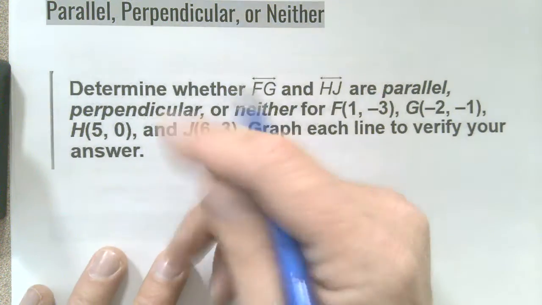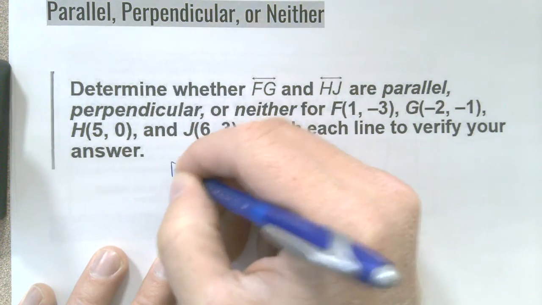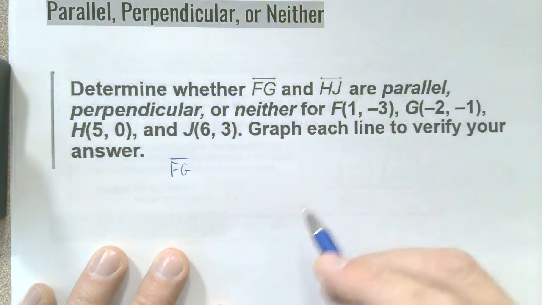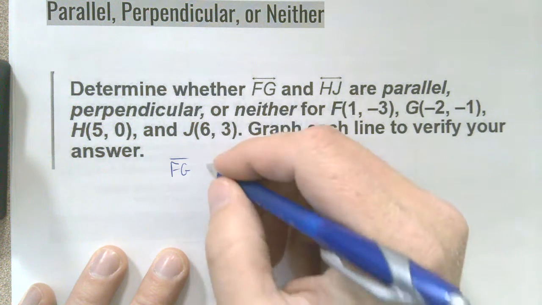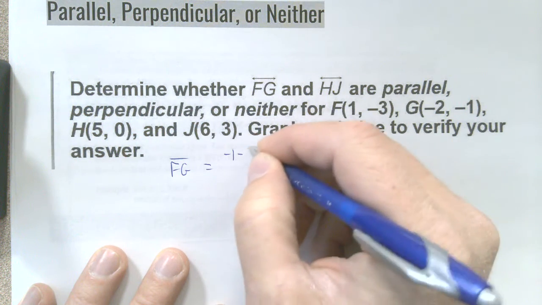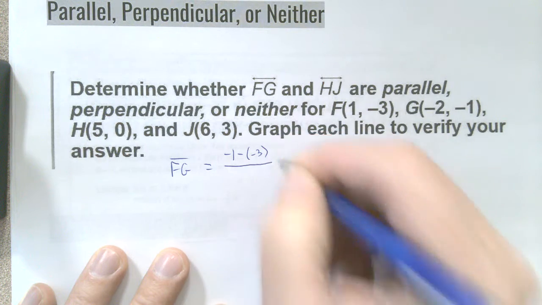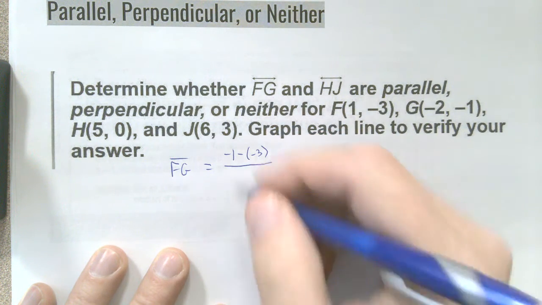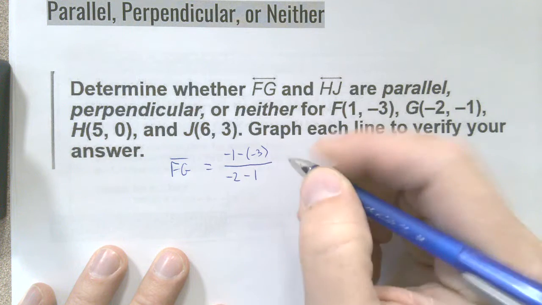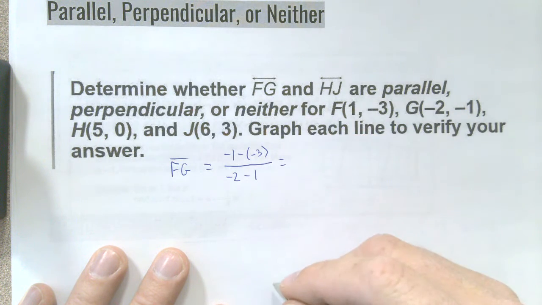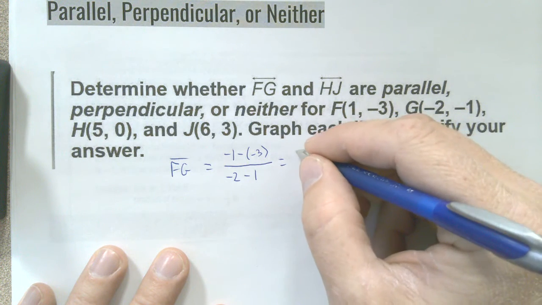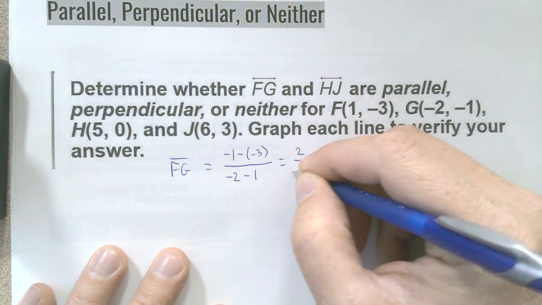So I'm going to start with FG. In this case, FG, I'm going to do -1 minus a -3, -2 minus 1. So that's going to give me 2/-3.